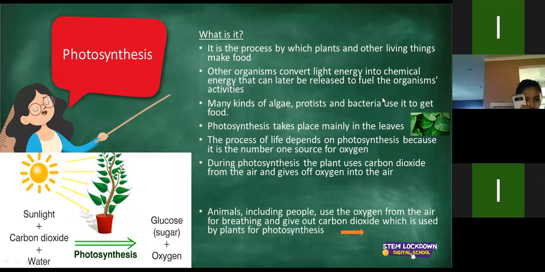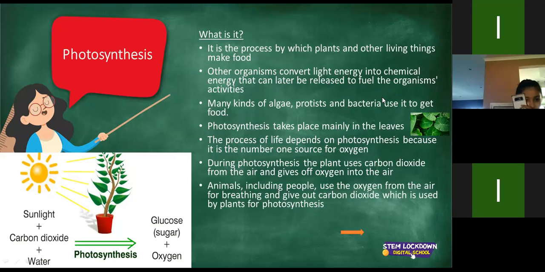Animals, including people, use the oxygen from the air for breathing and give out carbon dioxide, which is used by plants for photosynthesis. So like I've already explained, we breathe in oxygen and give out carbon dioxide, which is very important for photosynthesis.